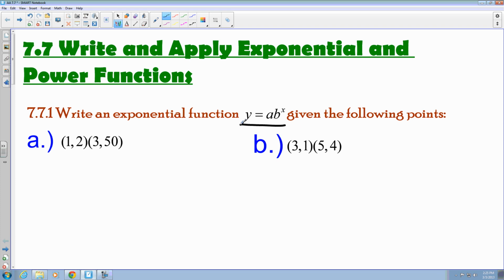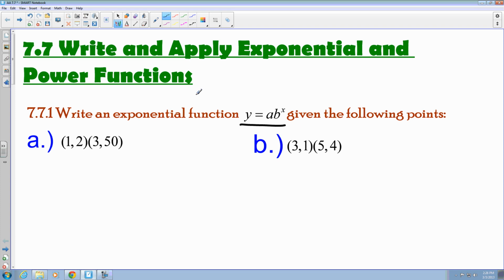So what we're going to do first is make two equations. We're going to use y equals a b to the x power, and substitute in the values of the points for x and y and try to solve for a and b.